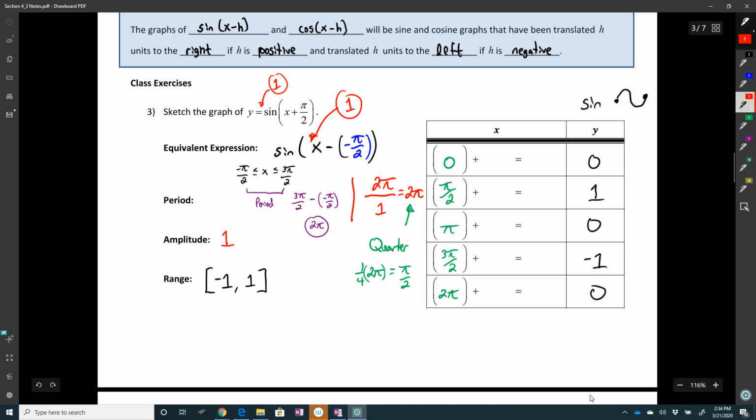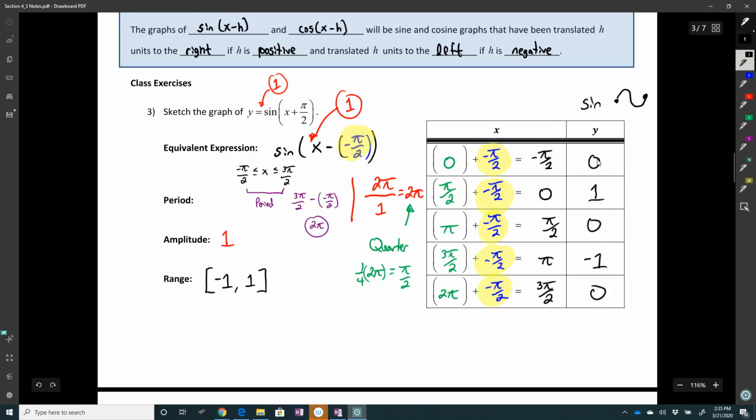My h is this guy, which is going to go here, here, here, here, and here. So this is negative pi over 2, 0, pi over 2, pi, 3 pi over 2. So we have the points on our graph.